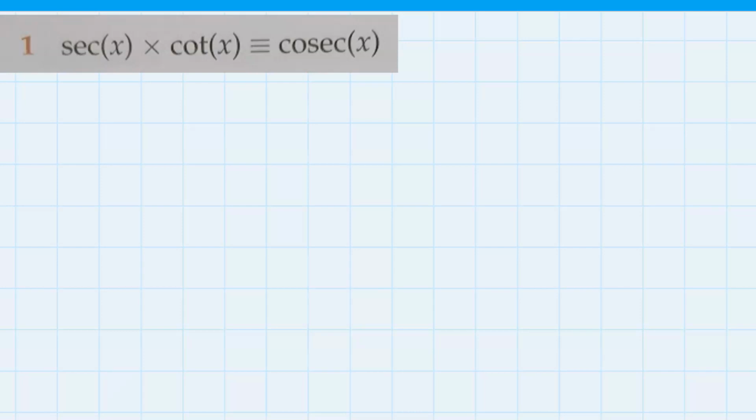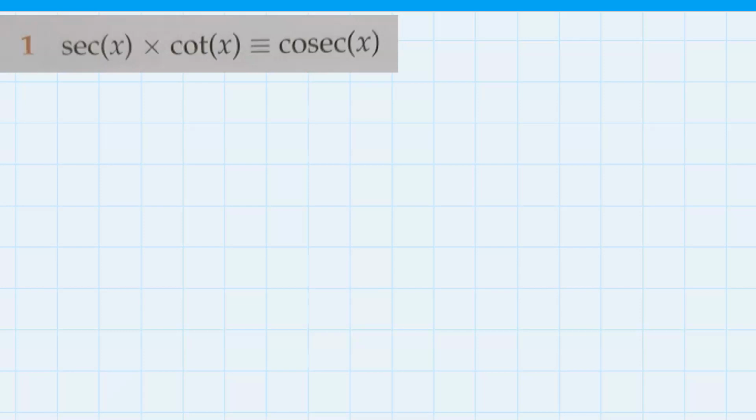So the way you go about doing these kinds of problems is you split up your work into left hand side and right hand side, and essentially what you want to do is show that you have an expression for the left hand side which is exactly equal to an expression for the right hand side.